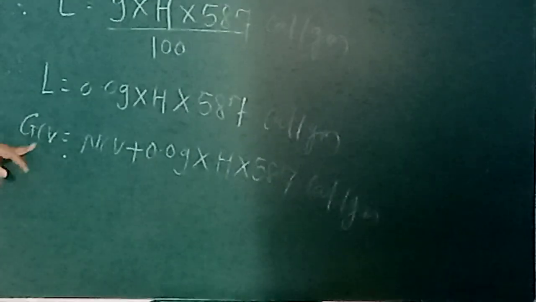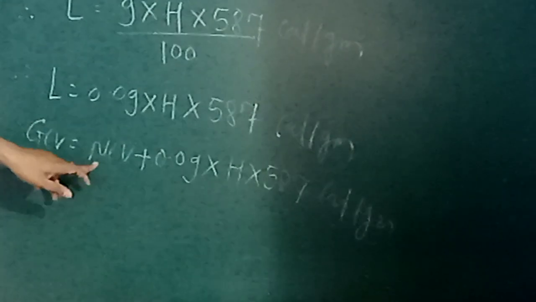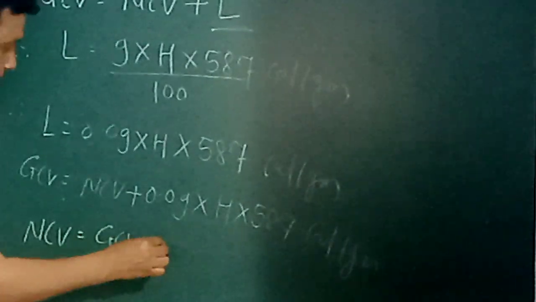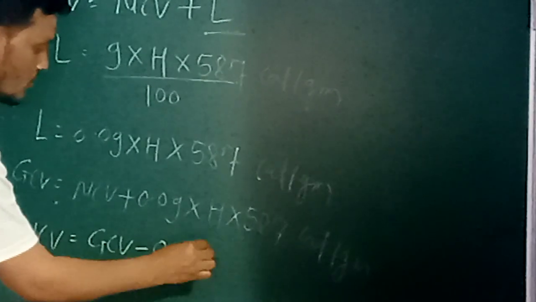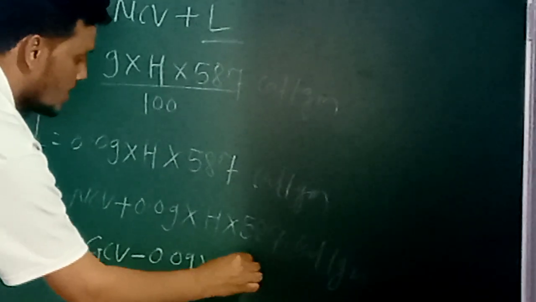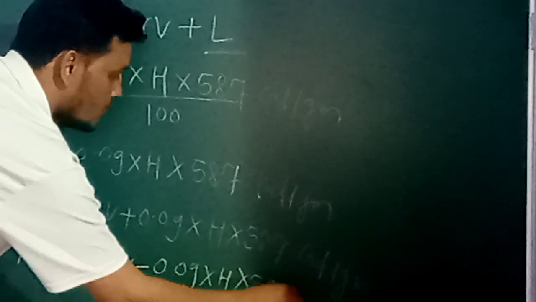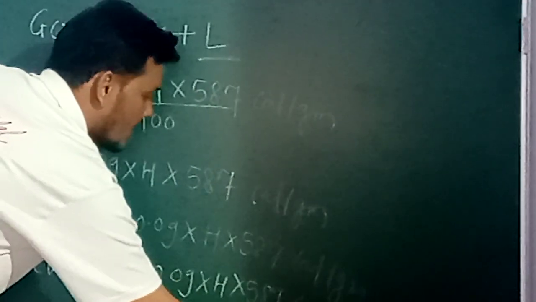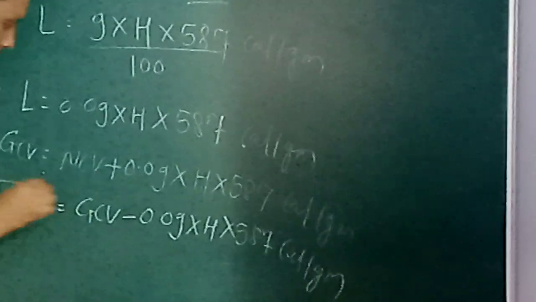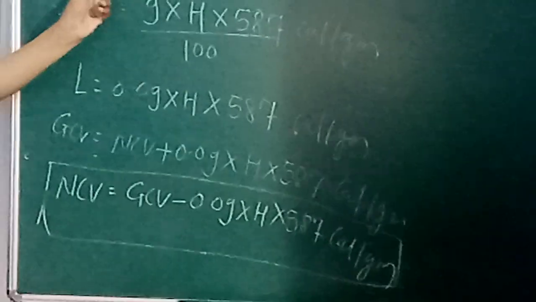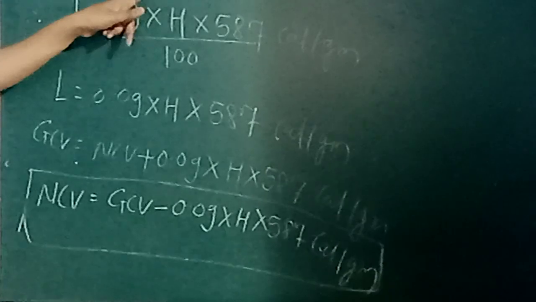If you know the GCV, from this we can easily calculate the NCV. Therefore NCV is equal to GCV minus 0.09 into H into 587, its unit is calories per gram. So this is the relationship between GCV and NCV.